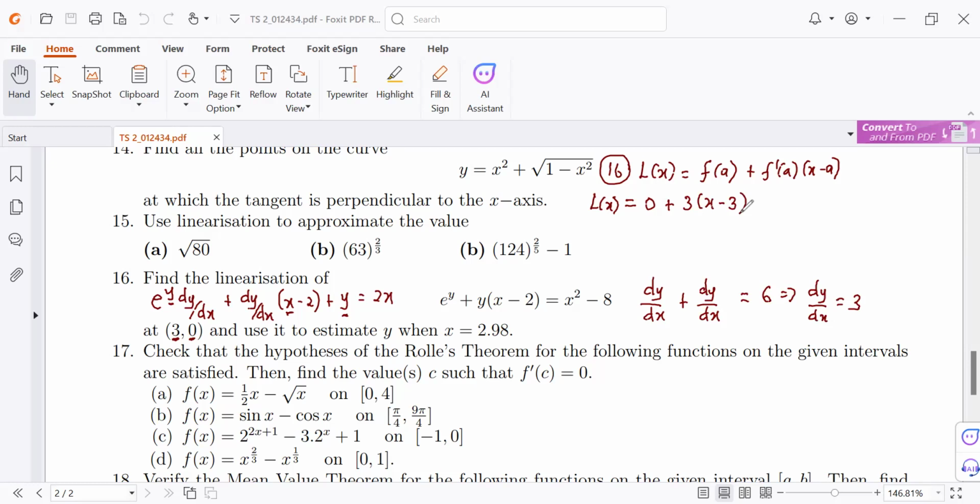Then part 2 says, use it to estimate y when x is equal to 2.98. Now we have found the linearization. So when x is equal to 2.98, we're going to have this approximated as 3 times (2.98 minus 3).